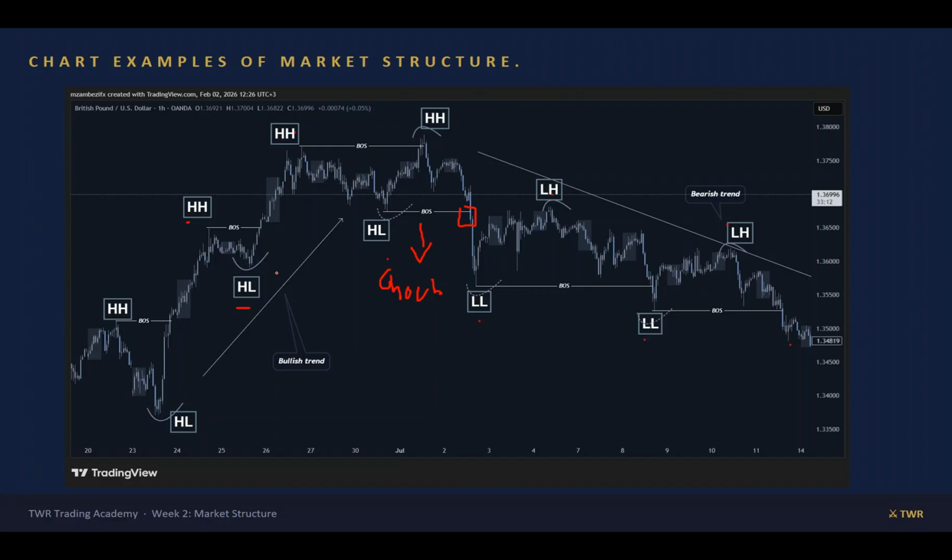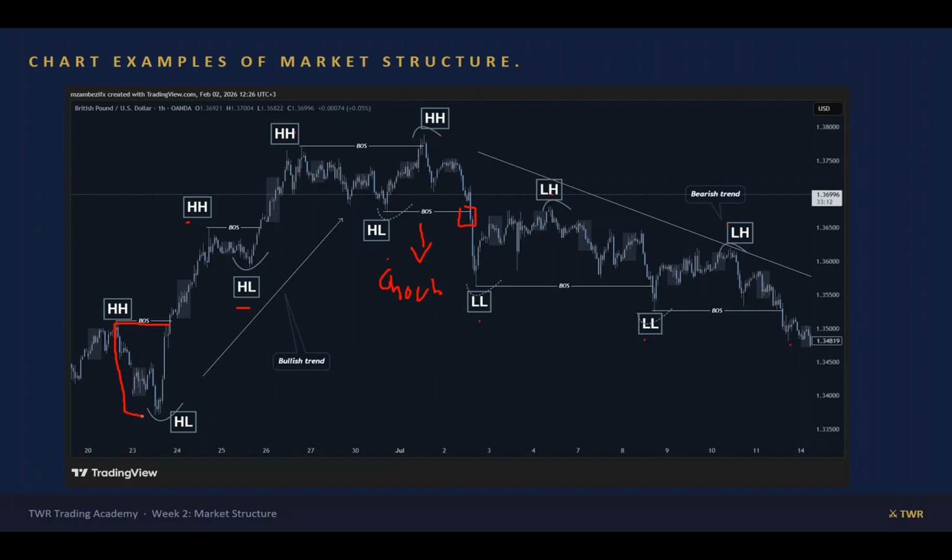So how do I identify a higher low for a bullish structure? You draw a rectangle from a previous higher high to where the break of structure happened, and drag it down.